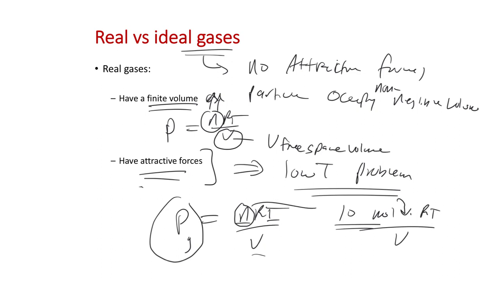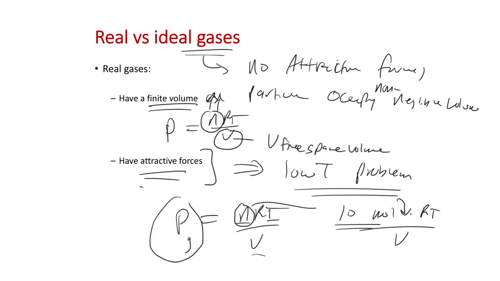For our free space volume, before we were basically saying the free space volume is the volume of the container, because at relatively low pressures that's true. If the percentage of the space taken up by gas particles is less than, say, 0.5% of the container, then it's not a correction we need to make.